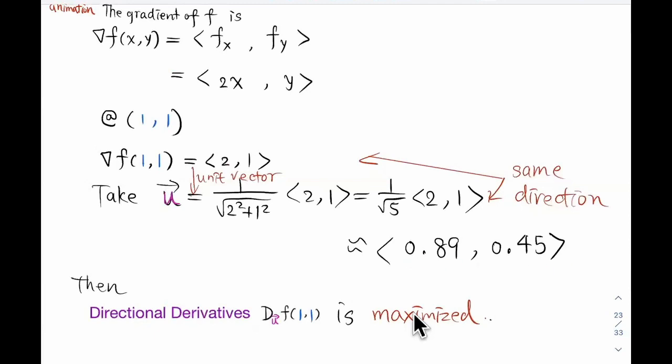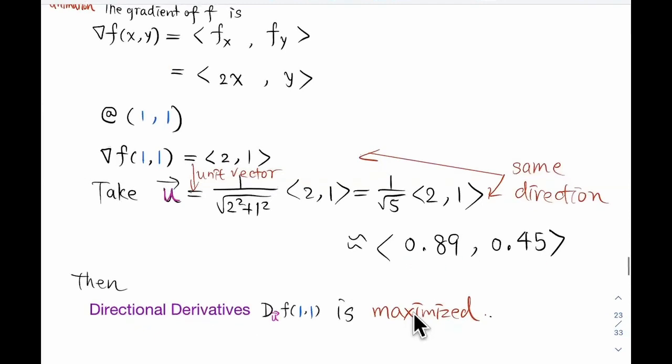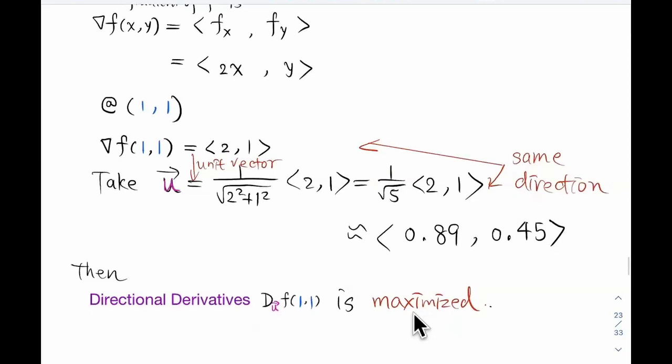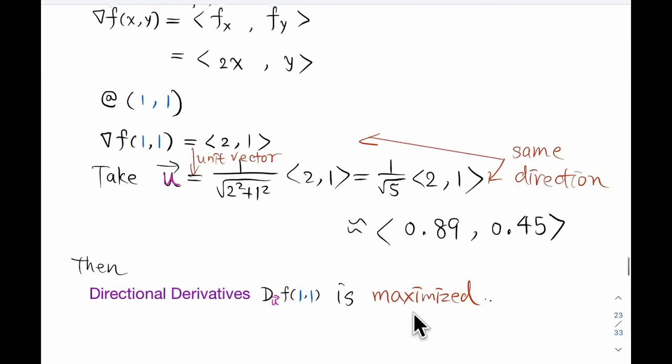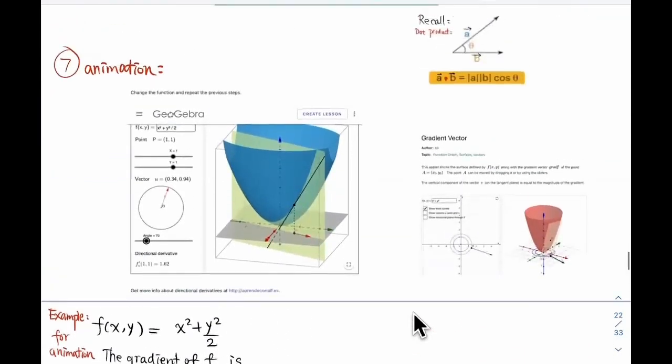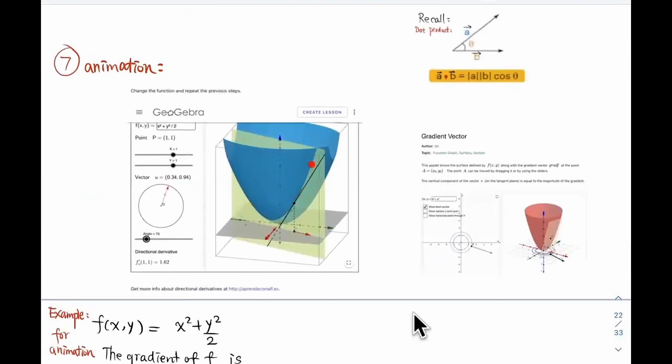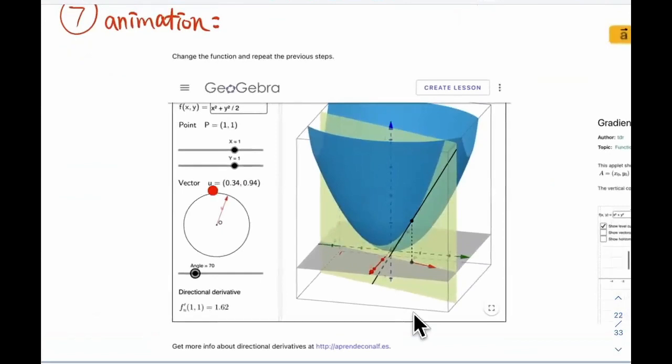Which is about this. And according to the theorem, if I make the direction in this direction, then the directional derivative should be maximized, right? According to the theorem. Then you can go back and play around with the animation. Then you would change this. So you change the u here, whatever number I put over there, by rotating this arrow over here.